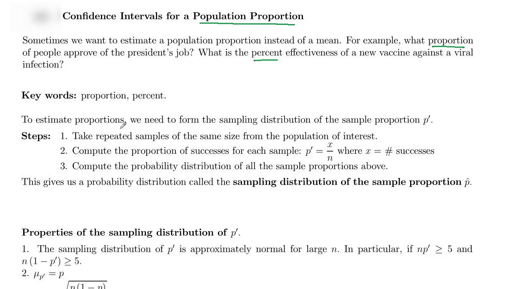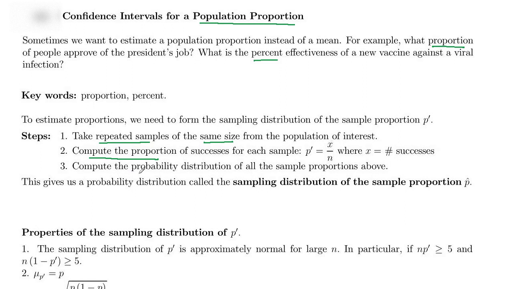So to estimate proportions, we need to form a new sampling distribution, the sampling distribution of the sample proportion, which we'll write as P prime. The way you do this is you take repeated samples of the same size from your population, and then you compute the proportion of successes, whatever outcome you're interested in. This is a binomial experiment, and your P prime is x divided by n, so successes out of total.